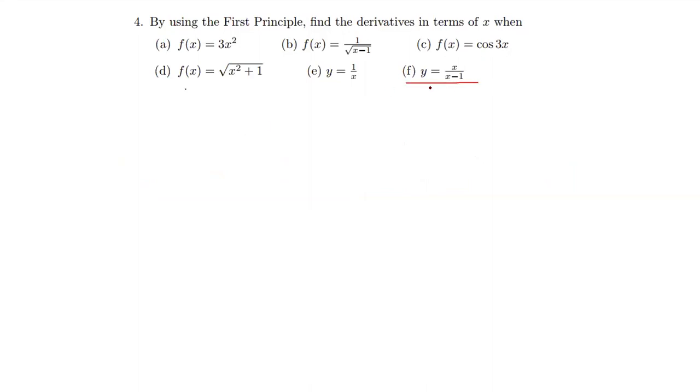How to solve this one is just similar to the way we have been solving these other questions. While there is x there, you put x plus h. So you're taking the limit when h is approaching 0, and then where there's x, you put x plus h, and everything divided by where there's x, you put x plus h, and then you subtract the same function again.